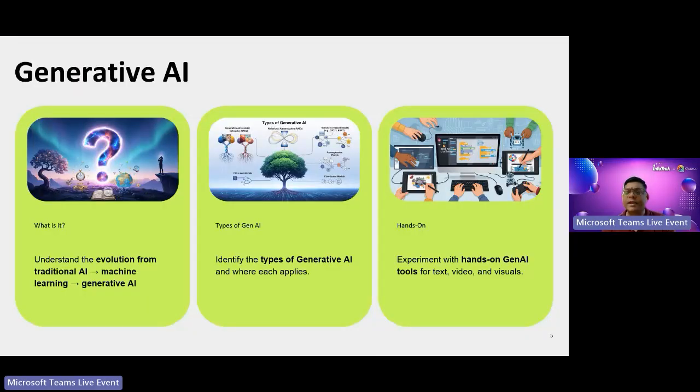AI has been there for quite some time. It's just that with OpenAI's ChatGPT, with a large language model, a common person like you and me was able to talk to AI in simple, plain vanilla English.